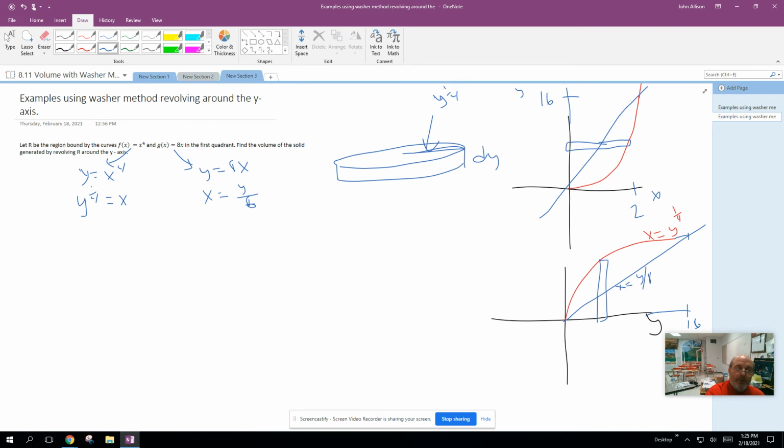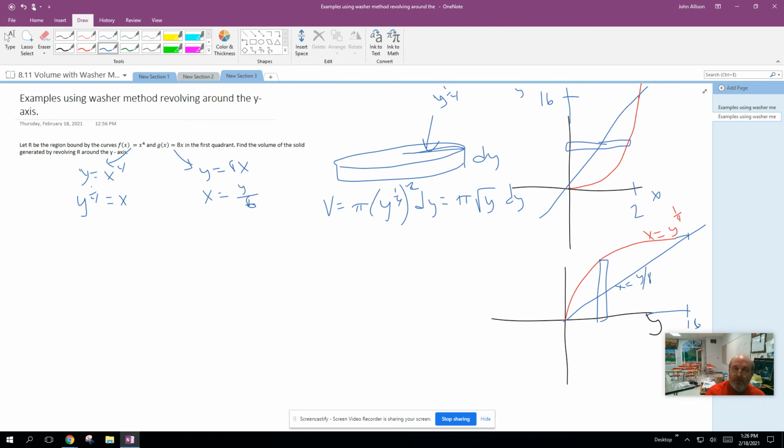So my integral for the volume of this one disk is pi times the integral. I'm not doing the integral yet, I'm doing one disk. It's pi times the radius squared. Y to the 1/4 squared is y to the 2/4, so y to the 1/2. So that would be pi times the square root of y, or y to the 1/2, times dy.